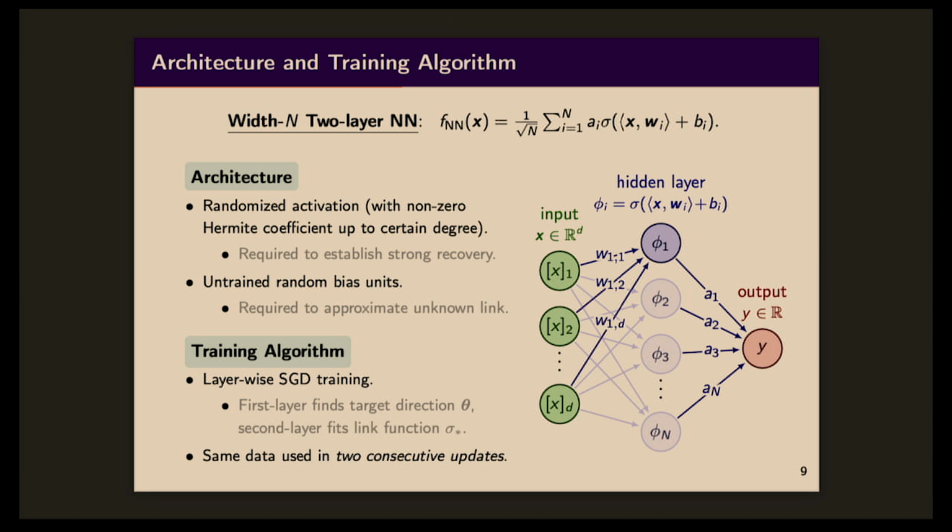And for the training algorithm, we will not be looking at the most standard SGD training, like end-to-end training. We're going to do layer-wise training. We first train the first layer parameters W, and the hope is that the first layer W is going to find the direction, this index feature theta. After that, we train the second layer a to fit the link function. So we have a two-stage training.